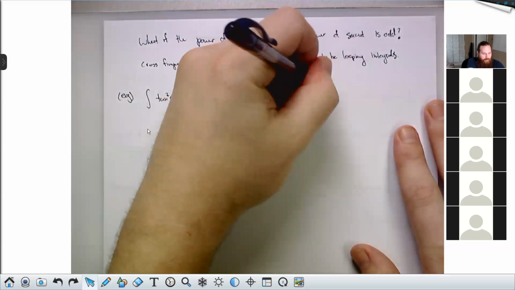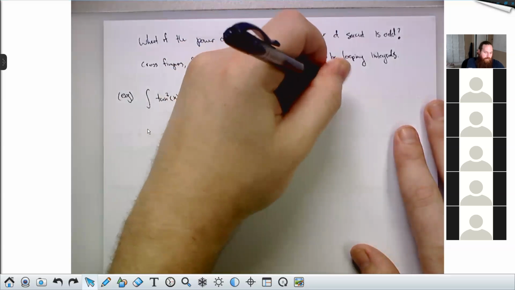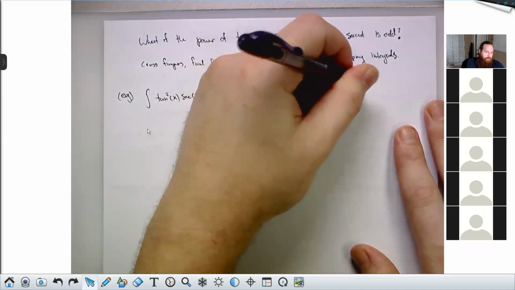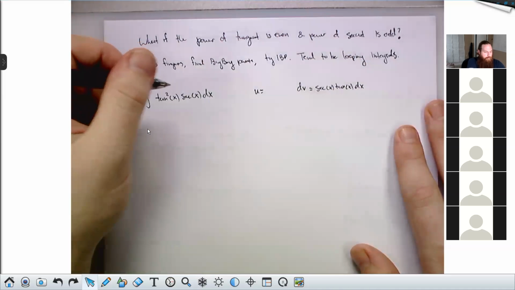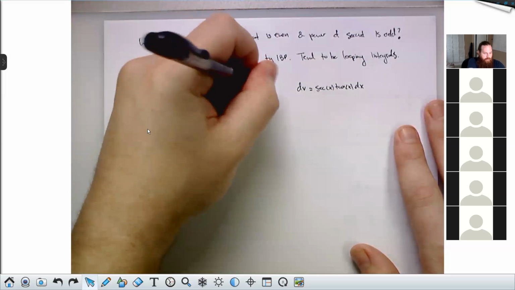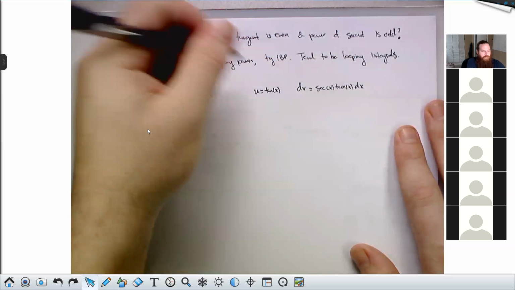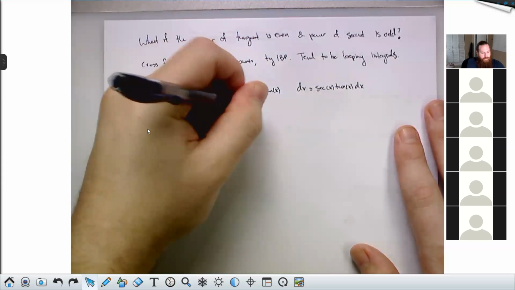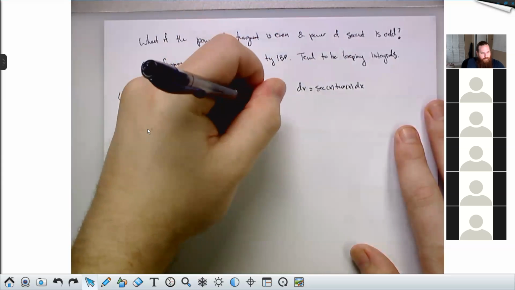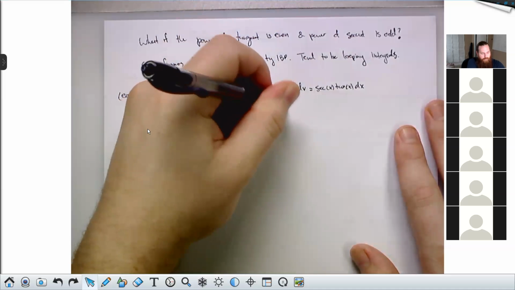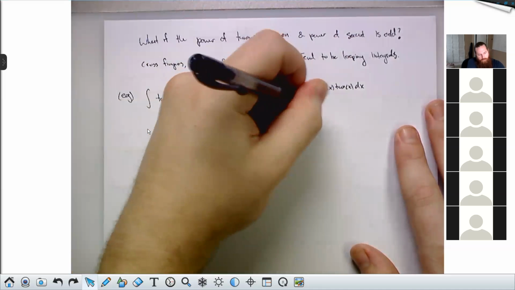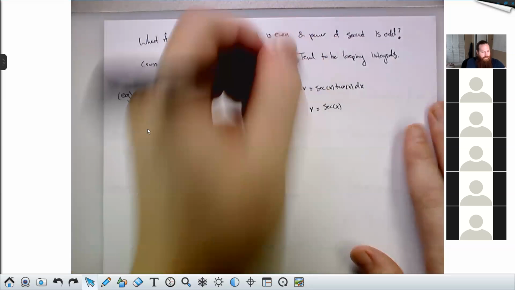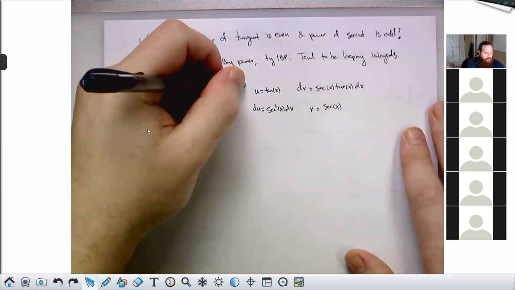I know how to integrate that. So I'll pick that for my dv, and that means u is just tangent, which will make du secant squared and v secant, because the antiderivative of secant tangent is secant.